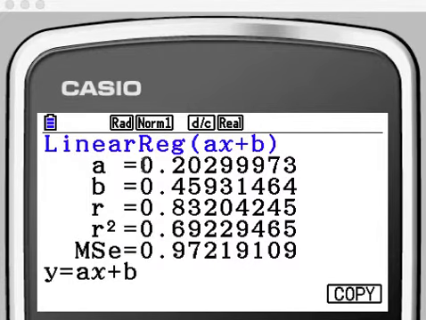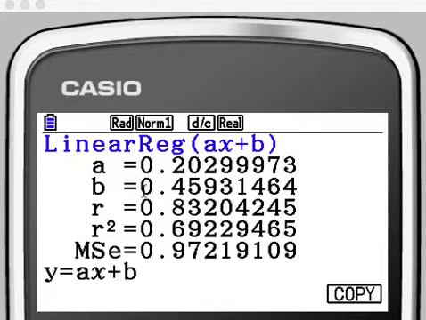I want to quickly make sure that you know how to interpret the rate of change or slope for our trend line, and B, the y-intercept. A, our slope, tells us that for each 1 degree increase in temperature, we would expect a 0.2 chirps per second increase in our dependent variable, cricket chirps per second.